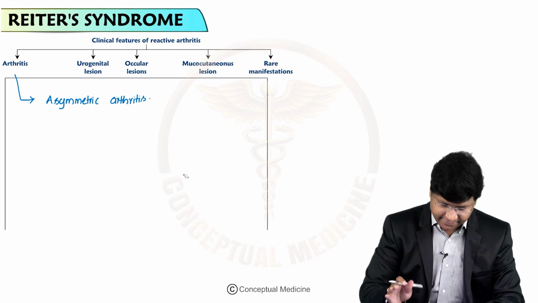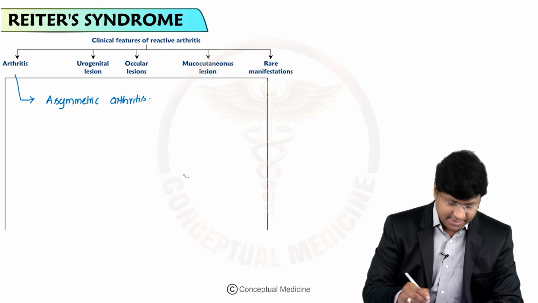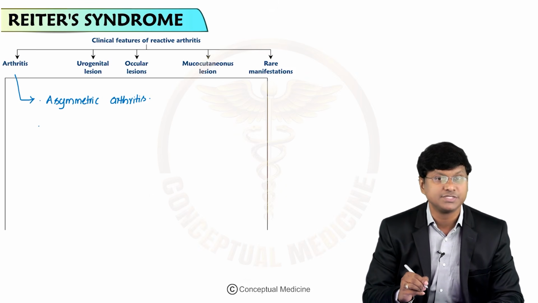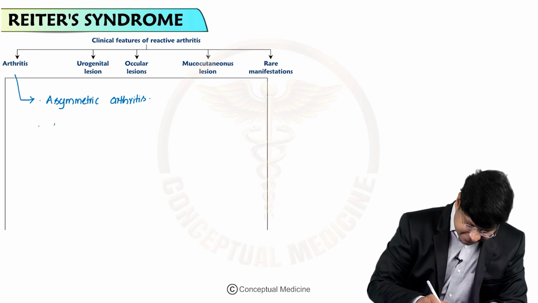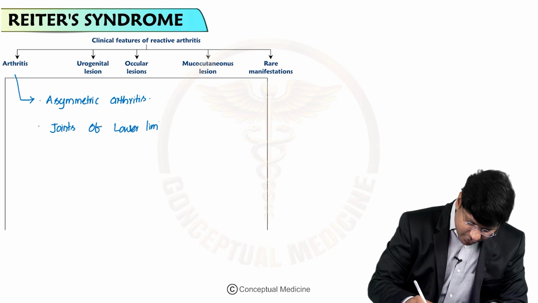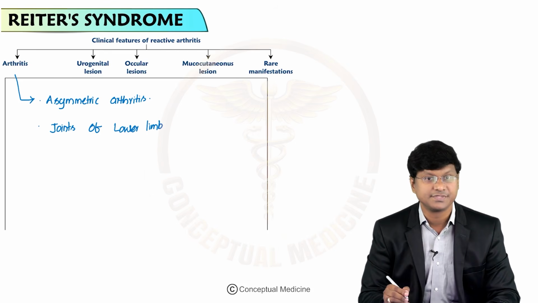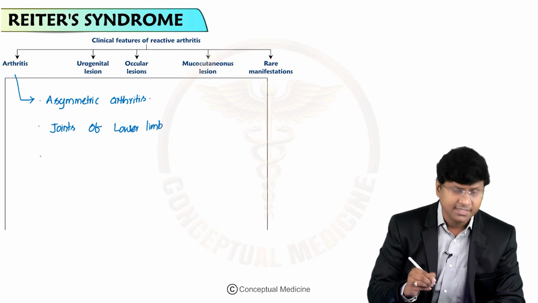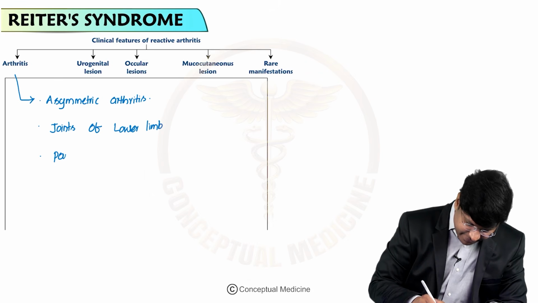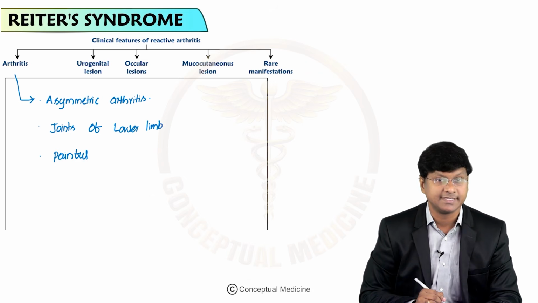Right, the individual will have asymmetric arthritis, and it primarily involves the joints of the lower limbs, and the affected joints are very painful. So it is a painful arthritis.